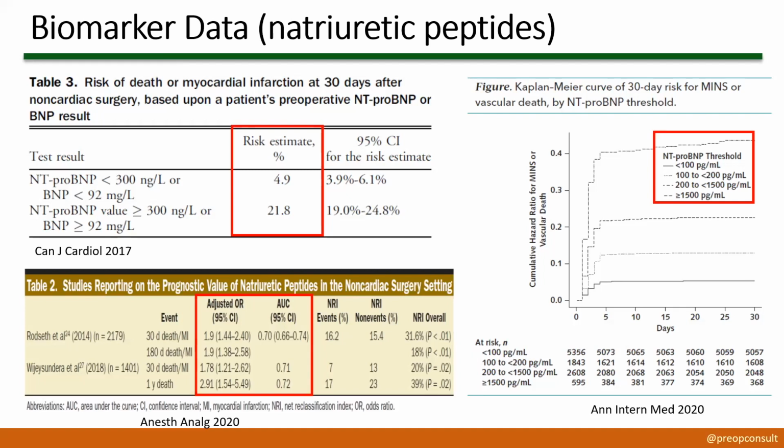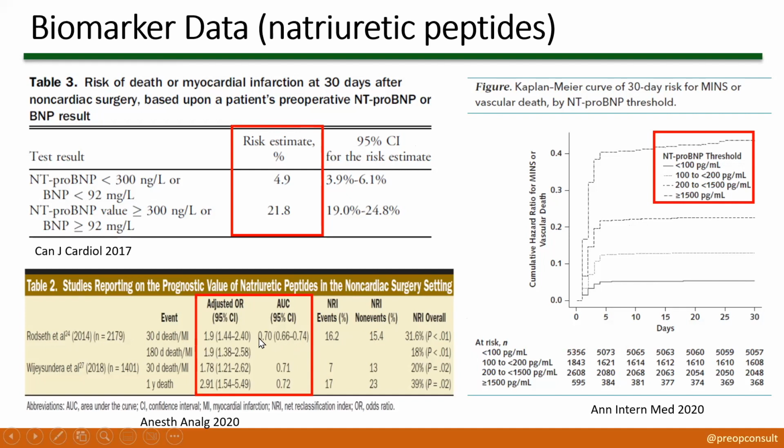That's why they use that cutoff. On the right side, this is the Annals paper. The baseline here is patients who had N-terminal proBNP less than 100, very low risk, then between 100 and 200, and then you see it dramatically increases compared to baseline once you get to 200 and above. That's where she drew her cutoff of 200.